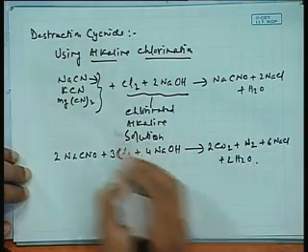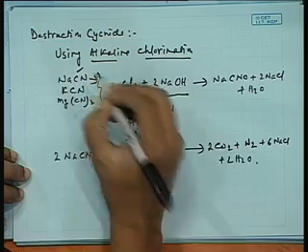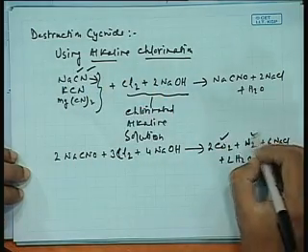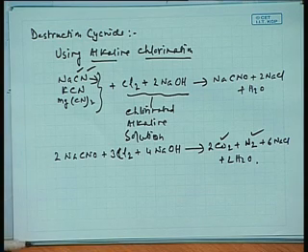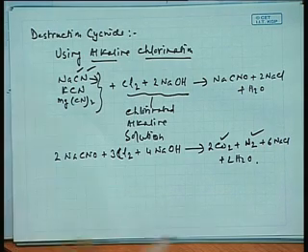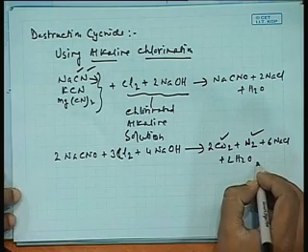So here you can see that finally this C and this N are destructed into carbon dioxide and nitrogen. This is also another kind of redox reaction where the destruction of these cyanides takes place. So we can think of these as redox reactions.